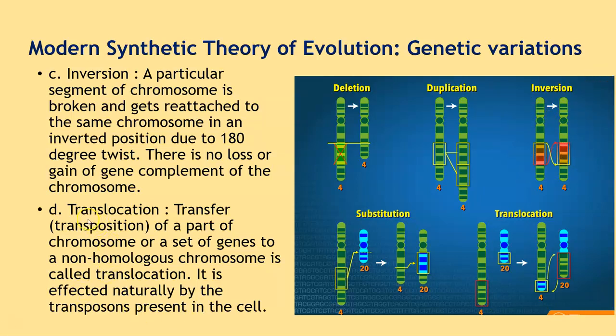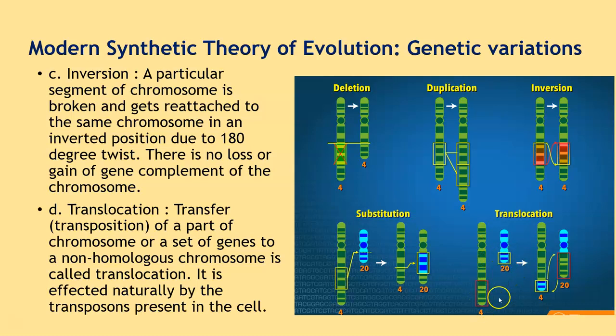The next factor responsible for chromosomal aberrations is translocation. Now the transfer or transposition of a part of the chromosome or a set of genes to a non-homologous chromosome is called translocation. It is effected naturally by the transposons present in the cells. For this, have a look at this image here. There are two chromosomes involved in this case. We have chromosome number 4, chromosome number 20.